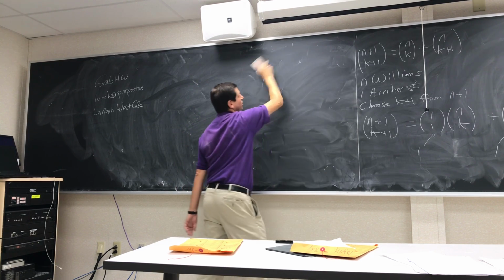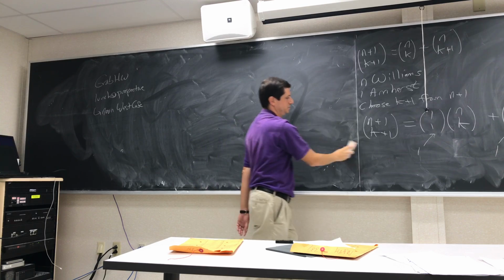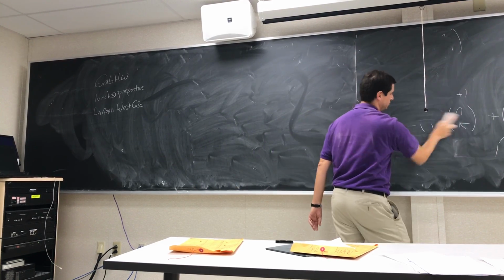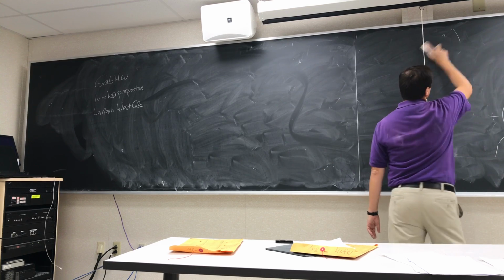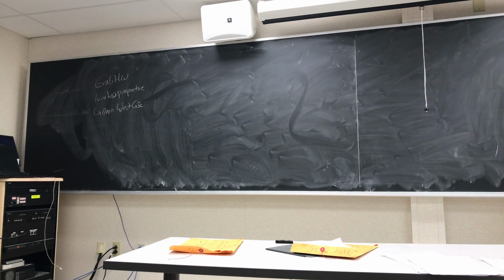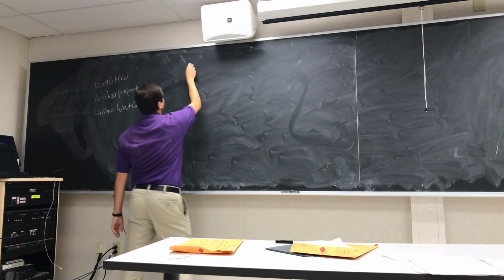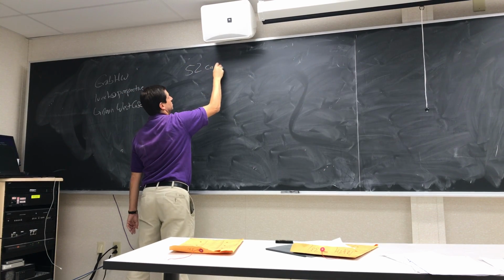So what I want to do is talk about calculating poker hands. Just to make sure we're all on the same page, most decks have 52 cards. You might have 2 jokers. We won't play with the jokers. So 52 cards.